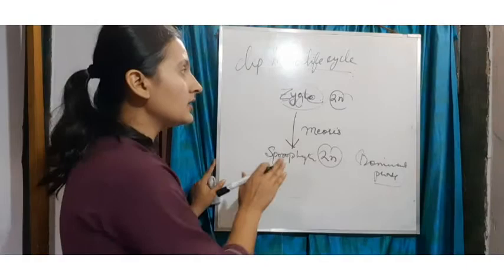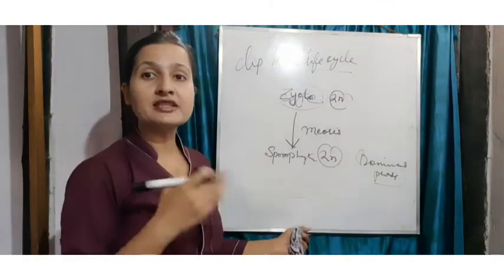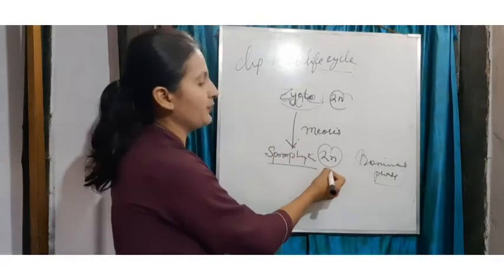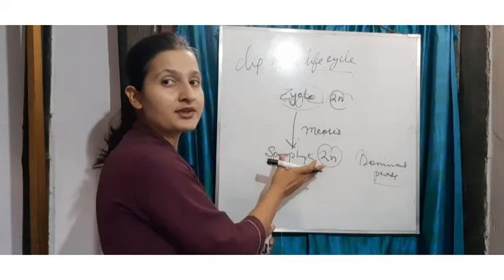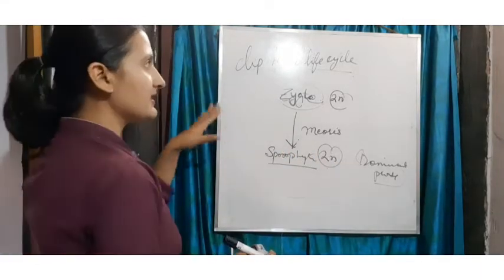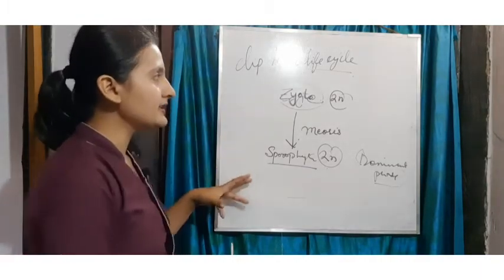The zygote does not undergo mitotic division. It directly undergoes meiotic division and gives rise to the sporophyte, a diploid organism. Am I clear? This is called the diplontic life cycle, and this is how the zygote develops.